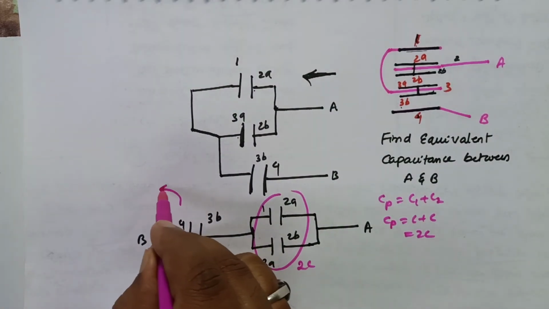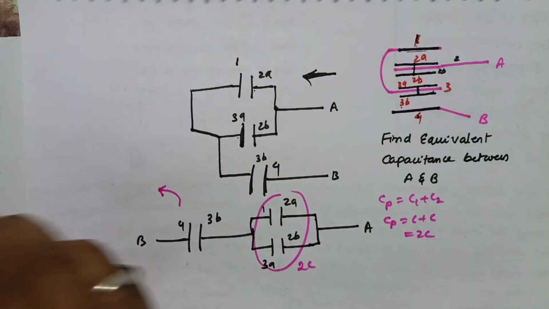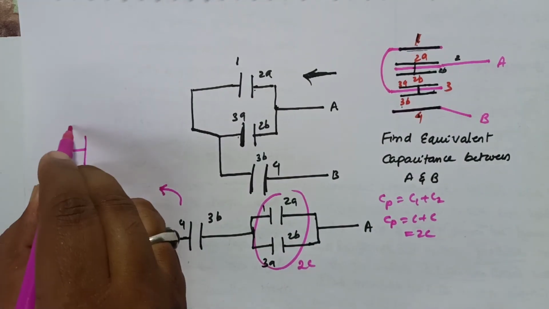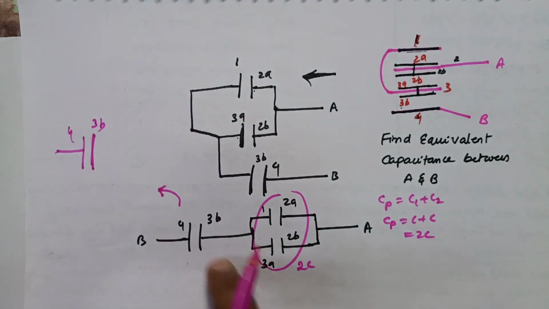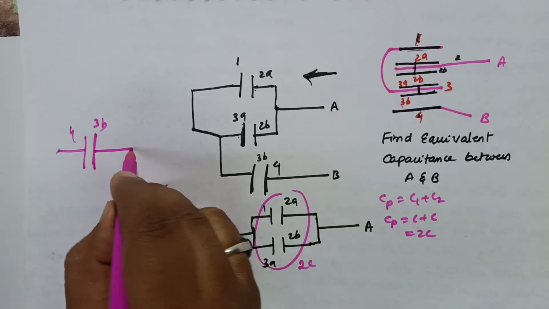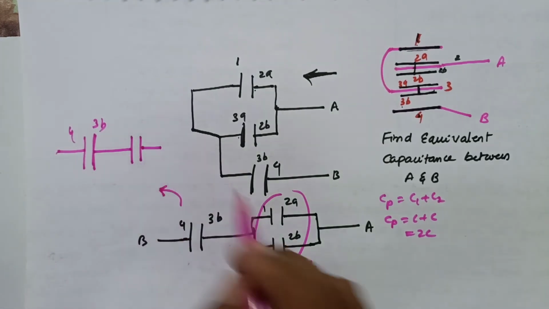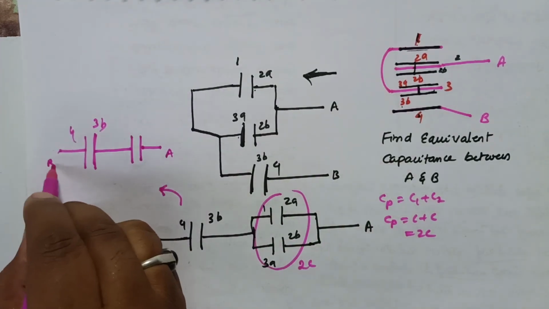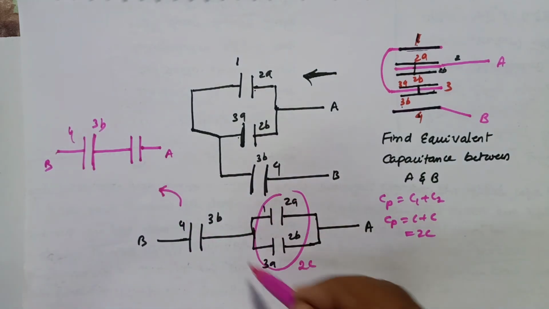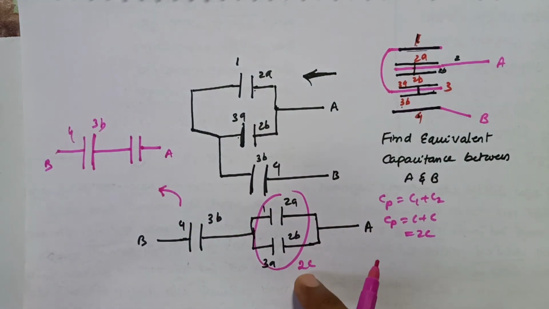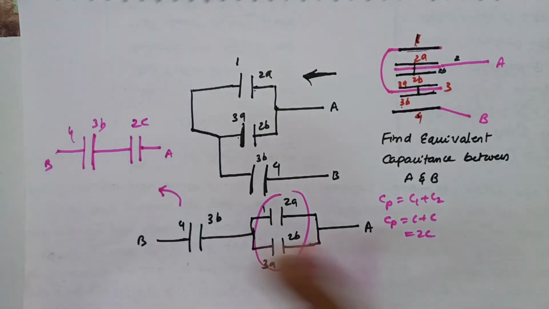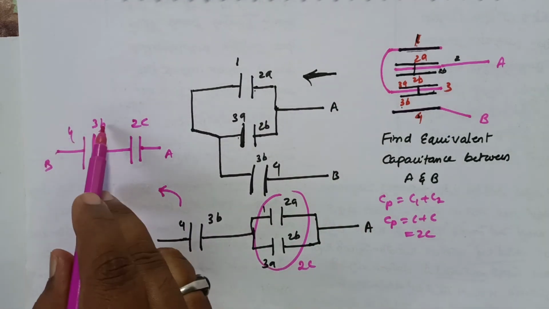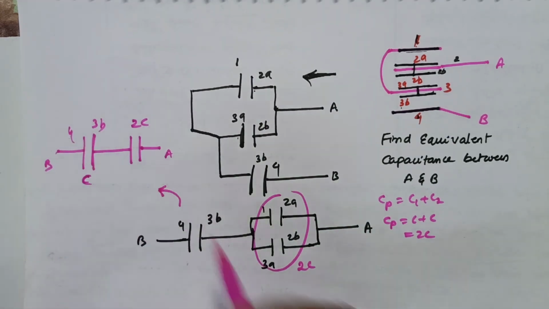So I am drawing here now 4 and 3B, and the combined part can be taken as one capacitor whose capacitance is 2C here, and 4 and 3B is forming one capacitor which is taken as C here.